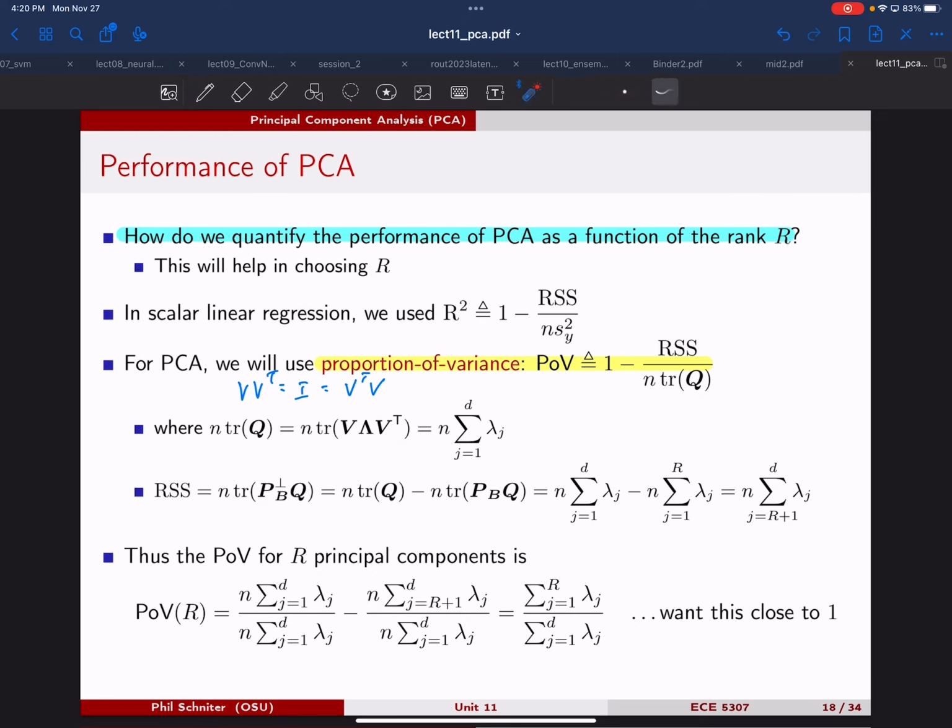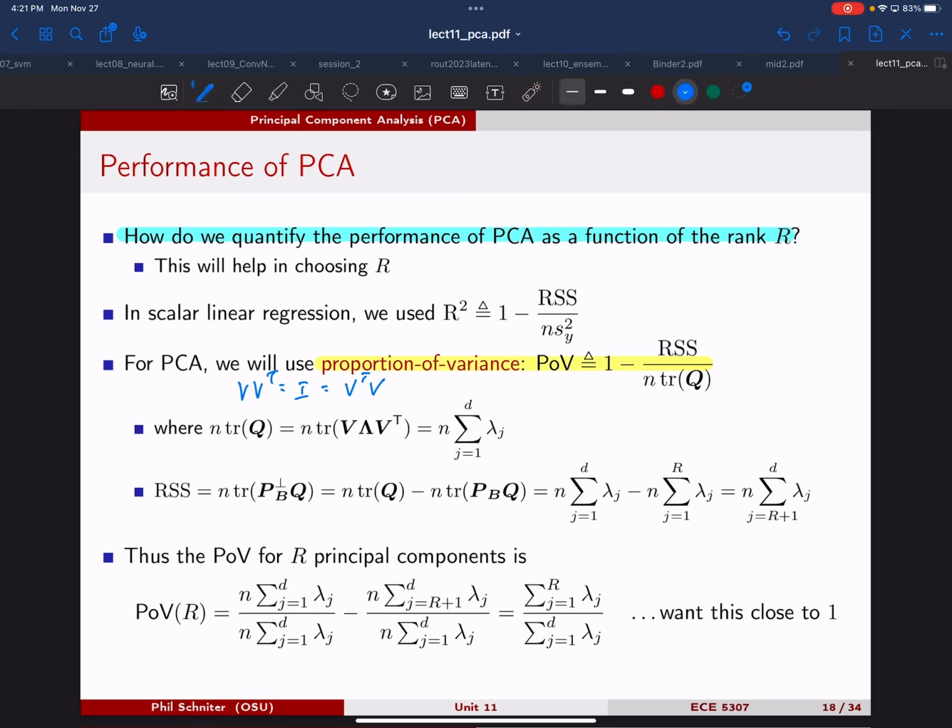One of the nice things about the trace is that, unlike with matrix multiplication where the order really matters, with the trace you can cyclically move things through. So because it's inside the trace, we can move the V transpose to the front. At that point we have V transpose V, which we know is identity, so we can just ignore that identity matrix.